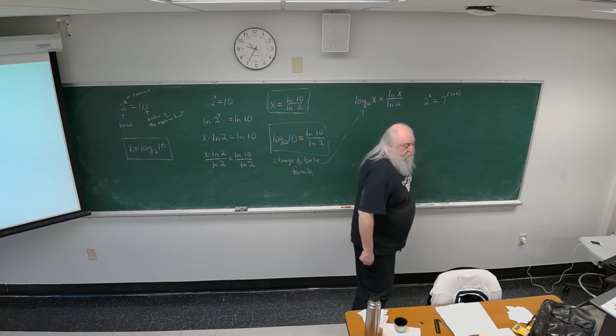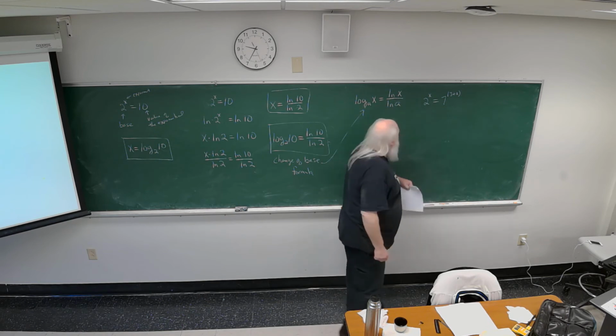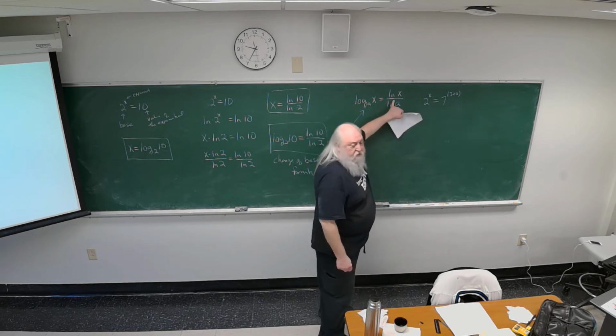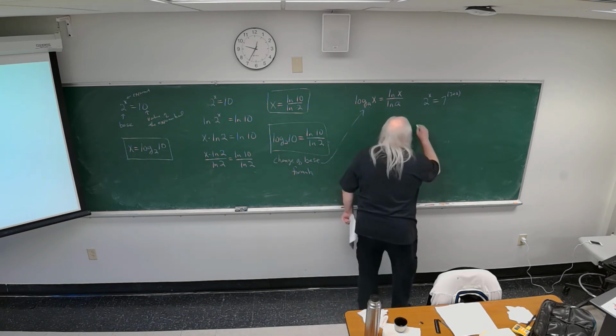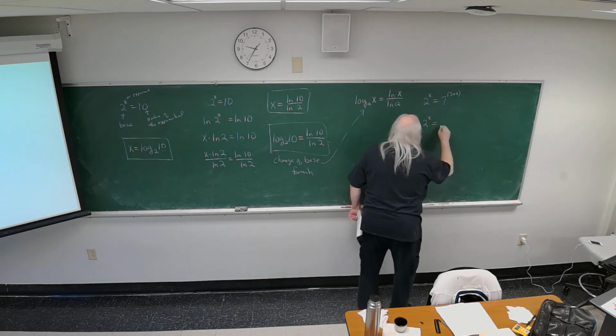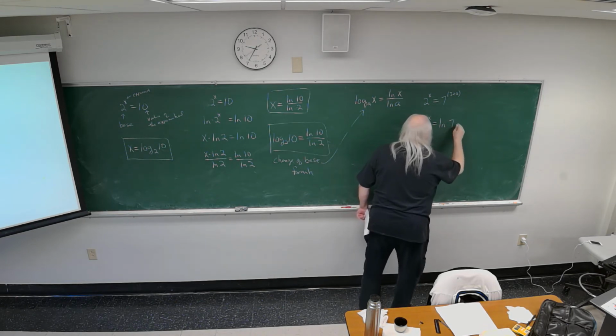So we have to use some other approach. And again, in the sciences and mathematics, the natural log function is our workhorse. So we can take the natural log of both sides. We have the natural log of 2 to the x is equal to the natural log of 7 raised to the 3 plus x power.